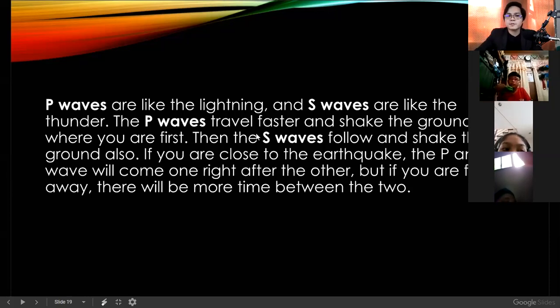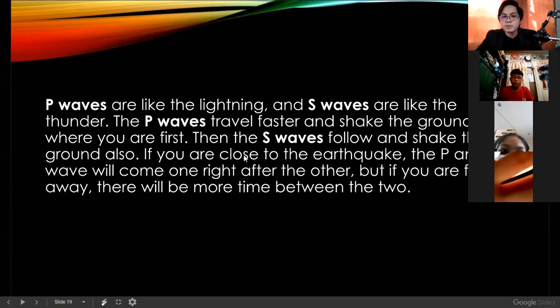The primary waves travel faster and shake the ground where you are first. That is why you can locate where the actual earthquake is. Then the secondary waves follow and shake the ground also.